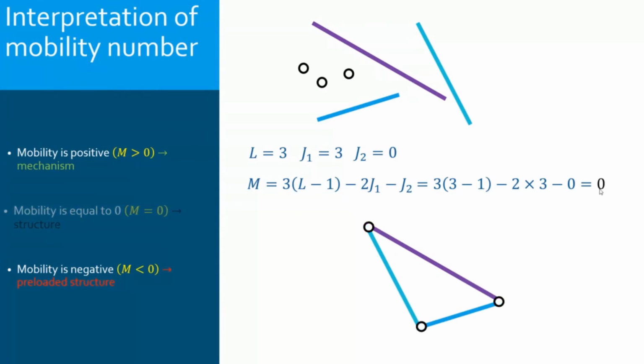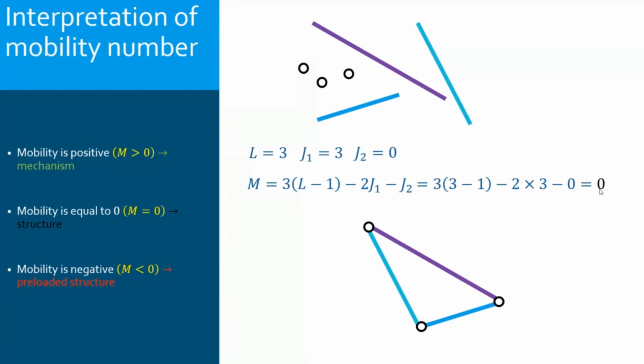I can find a way to assemble them without any effort, without any mechanical load, and I can assemble them while keeping the original shape of the links. So here I have a simple structure. This structure has a mobility of 0.